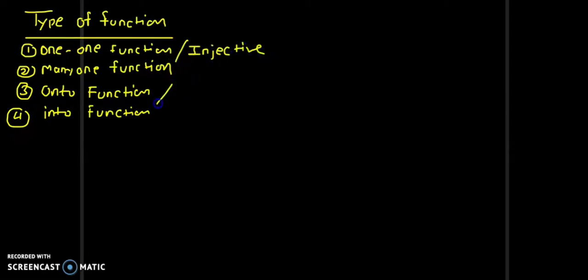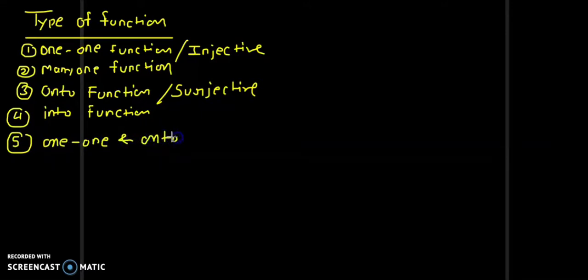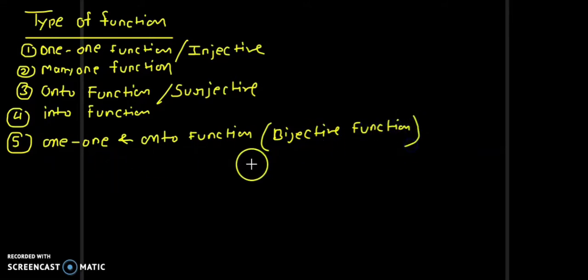Onto function is called surjective function. If you take both together, some functions are one-one and onto both, and that type of function is called bijective function. One-one and onto functions are called bijective functions.